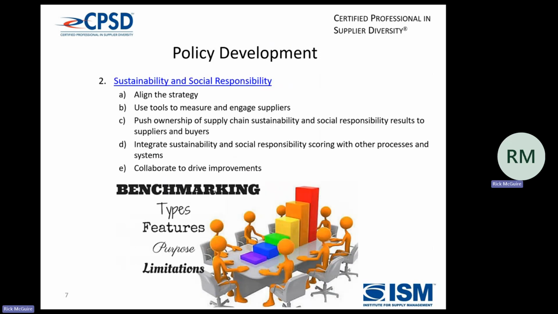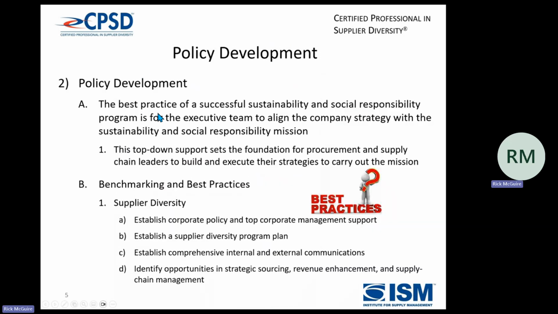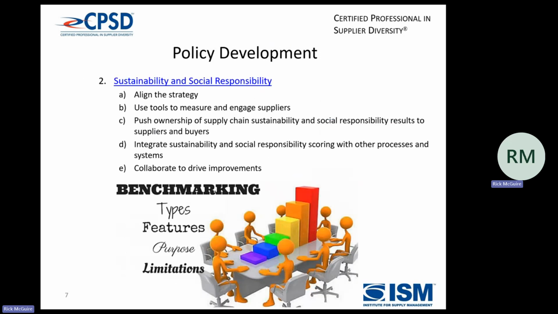So sustainability and social responsibility, we're going back to benchmarking and best practices. To align the strategy, use the tools to measure and engage suppliers, push ownership of supply chain sustainability and social responsibility to suppliers and buyers, integrate it into scoring with other processes and systems, and collaborate to drive improvements.